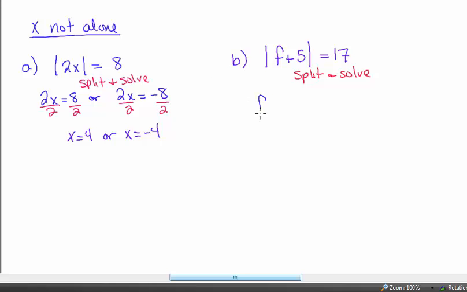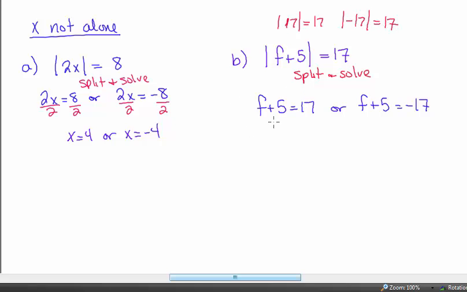So I get f plus 5 is equal to 17, or f plus 5 is equal to negative 17, because I don't know which one it is, because the absolute value of 17 is 17, and the absolute value of negative 17 is also 17, so I have to account for both and solve them separately. So I get an answer of f equals 12, or subtracting 5 on this side, I get that f equals negative 22.